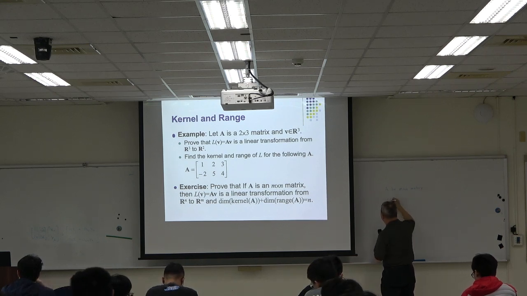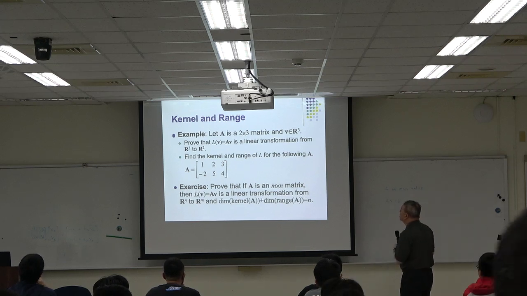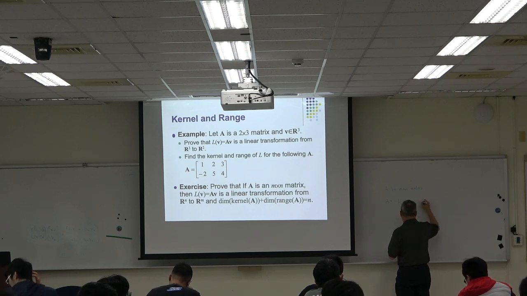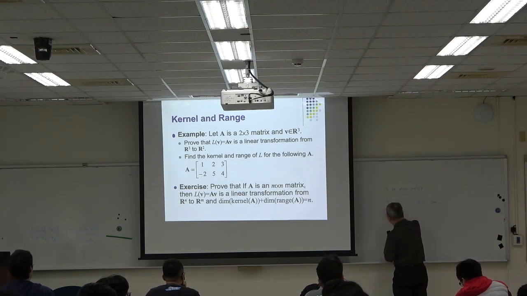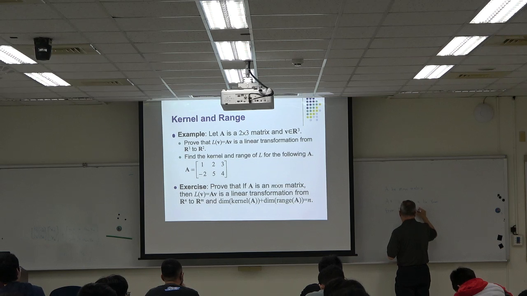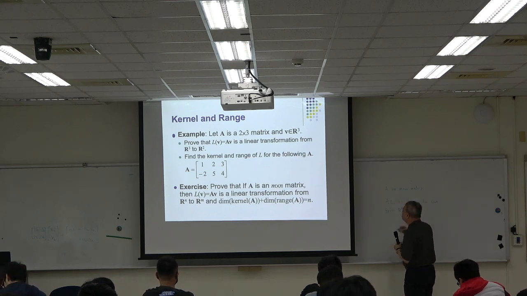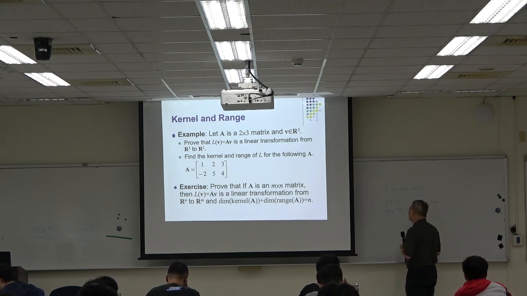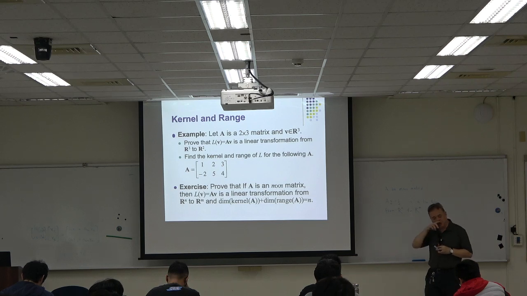Then AX equals B is a linear transformation from Rn to Rm, because X is n-dimensional, because we have n number of columns, and B is m-dimensional. So this is a more general case.